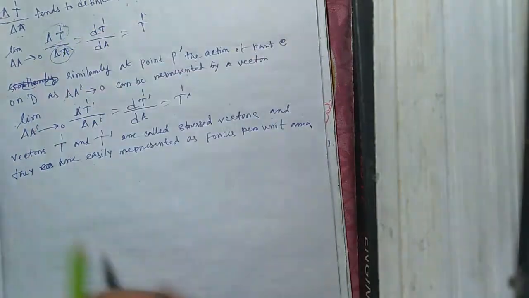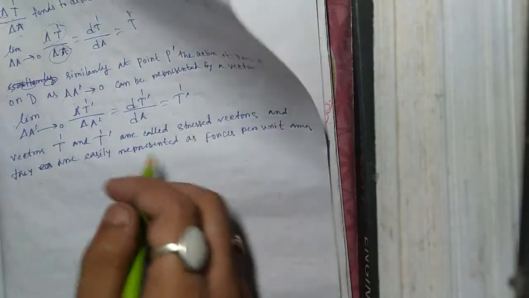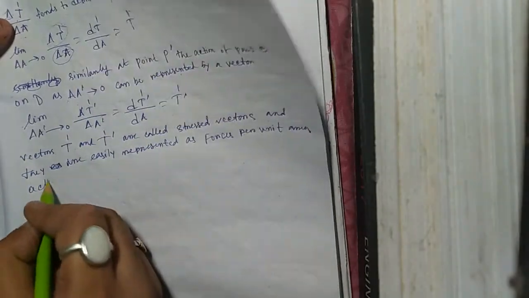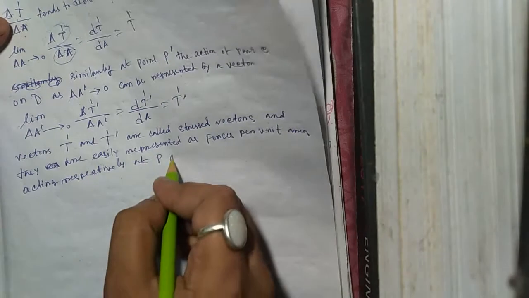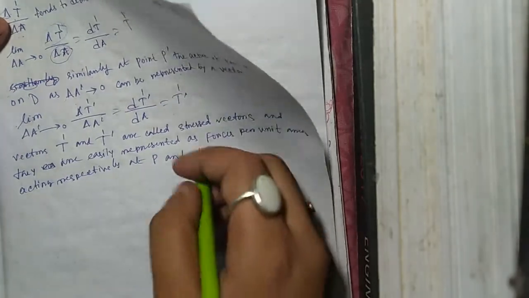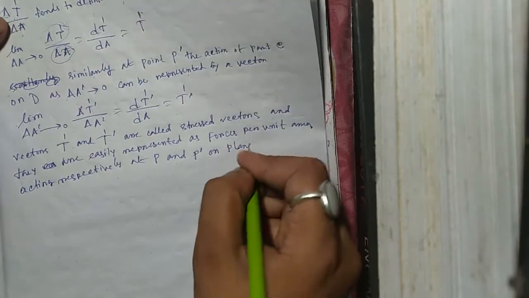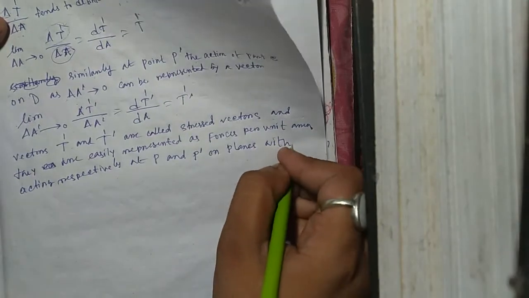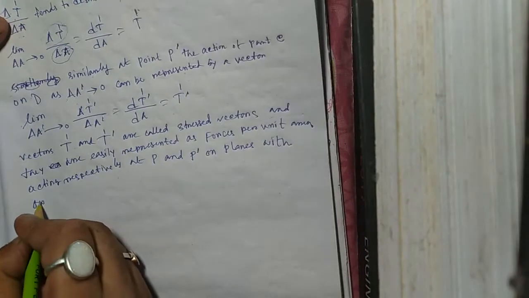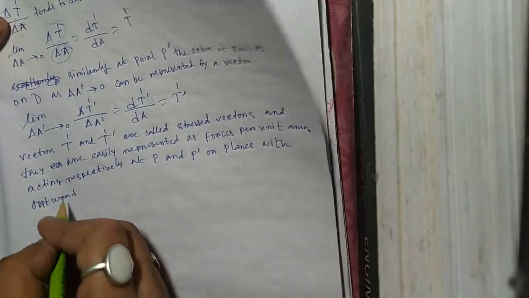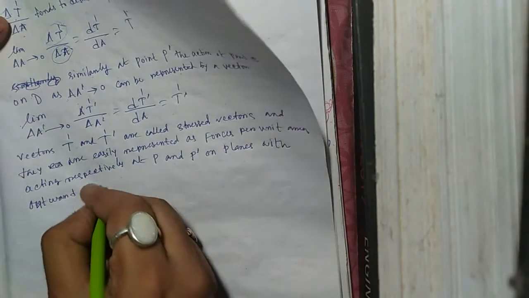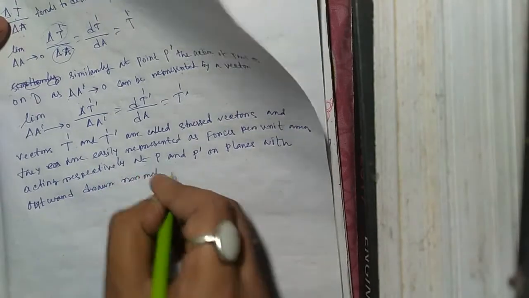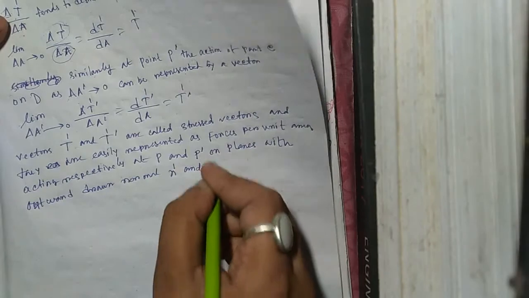So force per unit area acting respectively at P and P dash on planes with outward drawn normal N1 and N1 dash.